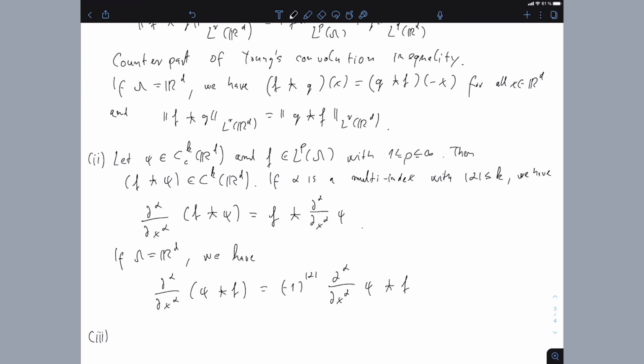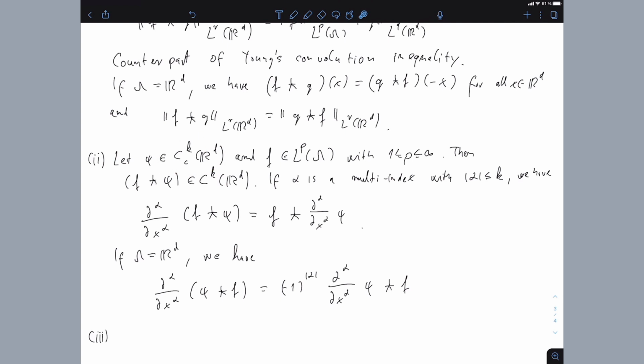So I assume strong differentiability in the beginning. I start with strong or classical differentiability, and the result is still strongly differentiable.